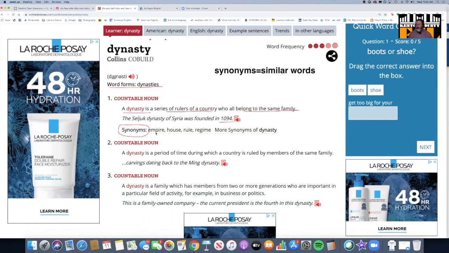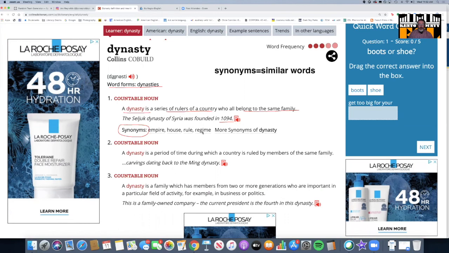Empire. Now they use empire in the story too. House. Now not your house or my house, but house, thinking about the house of the family. Rule. Okay, that's another one. Here's a French word that we use in English, regime. So if you speak French, you might know this word too, regime.